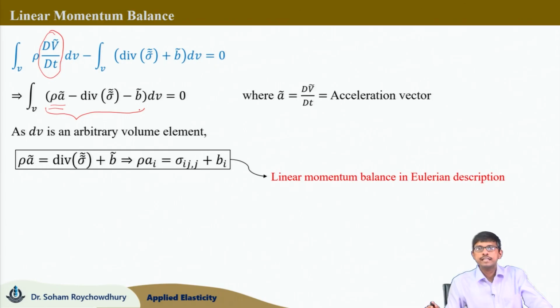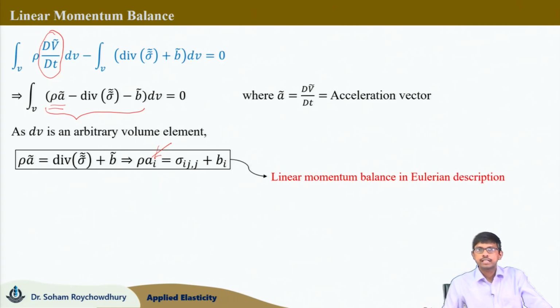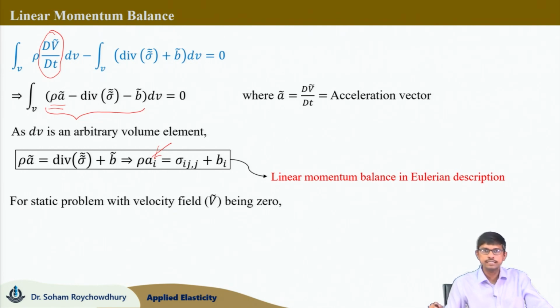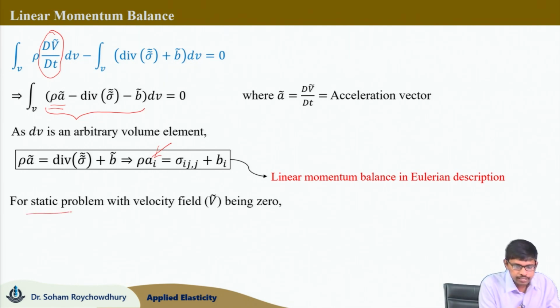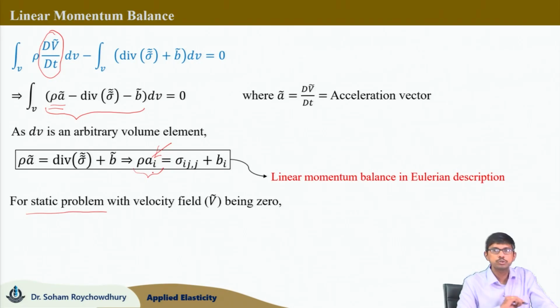This is the linear momentum balance in the Eulerian description, and this is valid both for static as well as dynamic problems, because we are considering the acceleration component a i in this particular linear momentum balance. Now, if we are just considering the static problem, the velocity field V is 0, thus the acceleration field is 0, and the left hand side of this equation would go to 0.